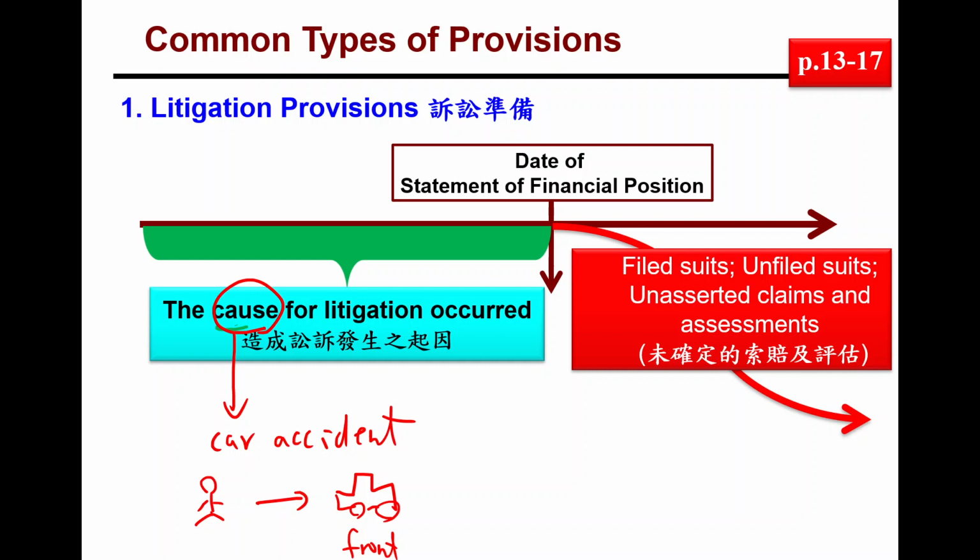Okay, so these kind of things happen right now. Then still you have to wait for the police report to tell you whose fault it is, right? So what if you get a police report later on, to tell whose fault?